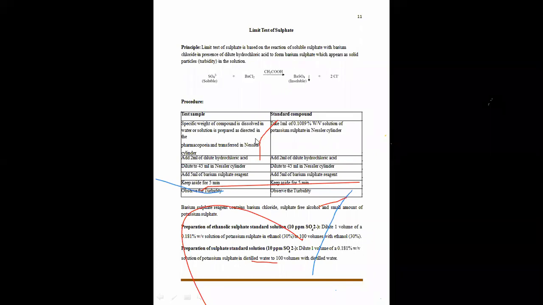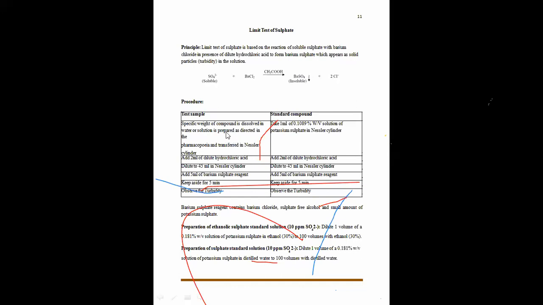Now, what will be the procedure? What procedure are we going to follow for the determination of sulfate ions as an impurity in the given sample solution? Same as with chloride ions, here also we follow the procedure. First we take the sample solution.